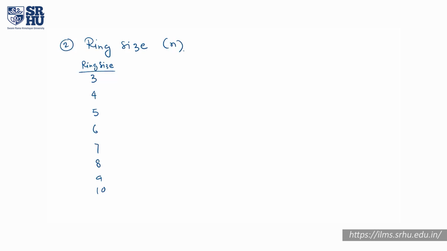If the ring size has these numbers, then we have to use the suffix, meaning what comes later, as IR for 3, for 4 it is ET, for 5 it is OL, for 6 it is IN, for 7 it is EP, 8 is OC, 9 is ON and 10 is EC.